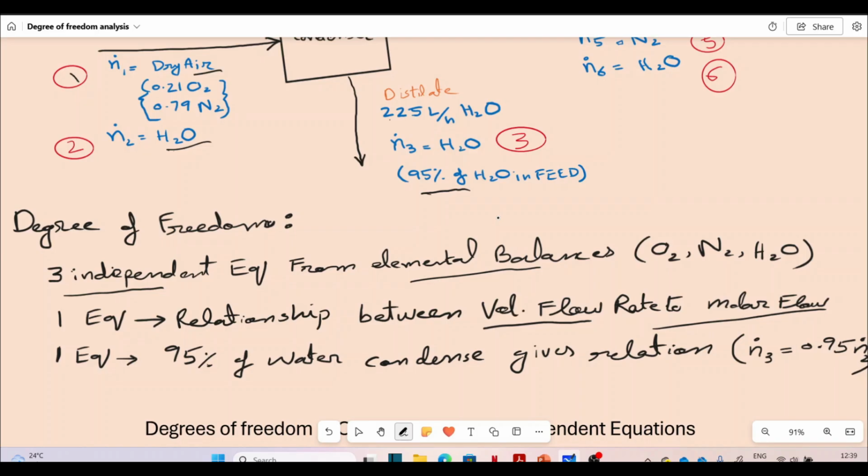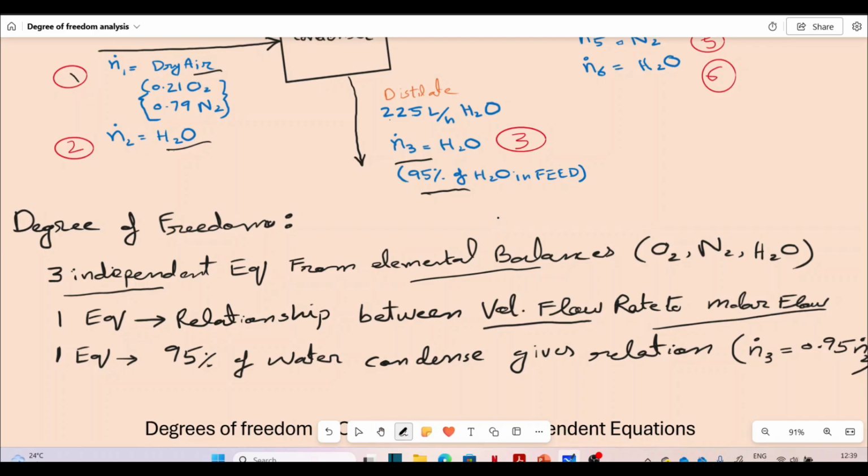So that is here. So N3 can be solved by this relation, because we know the volumetric flow rate but it's in a different unit. But if we know the density of the water, we can convert this volumetric flow rate into the molar flow rate, by using the molecular weight of water as well.